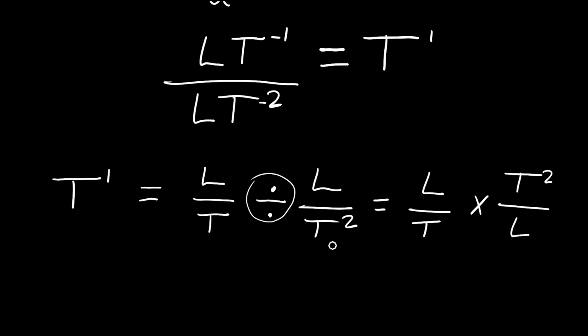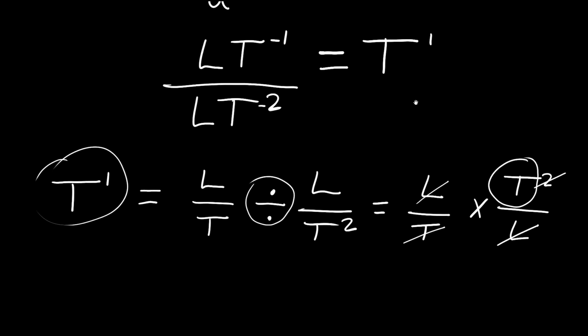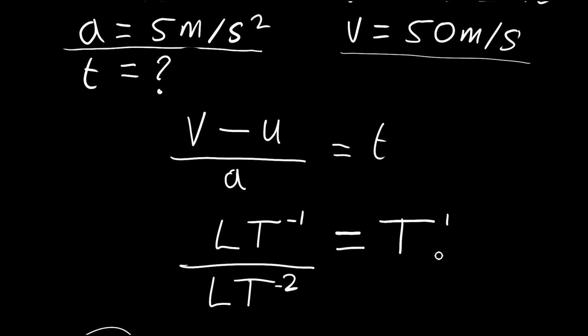So we swap the numerator with the denominator when we multiply. So we can cancel out the lengths here, and we can cancel out one dimension of time here. And we end up with a single dimension of time on the right-hand side and a single dimension of time on the left-hand side. So these equations balance. Therefore, our transposed equation up here is dimensionally correct.